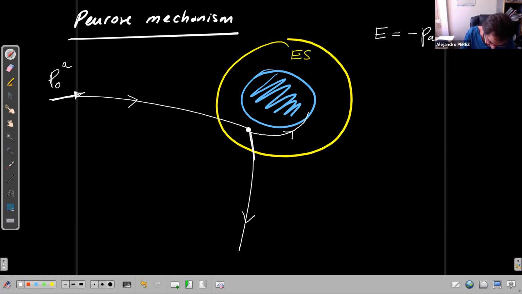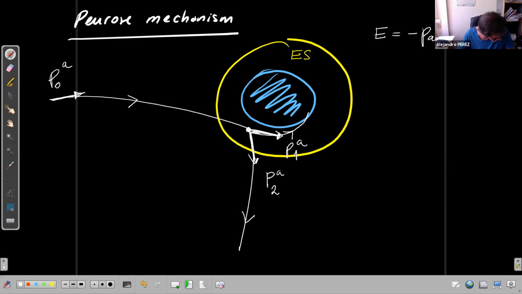So you split the particle in two, P1A and P2A, and you can arrange things so that particle 1 has negative energy.